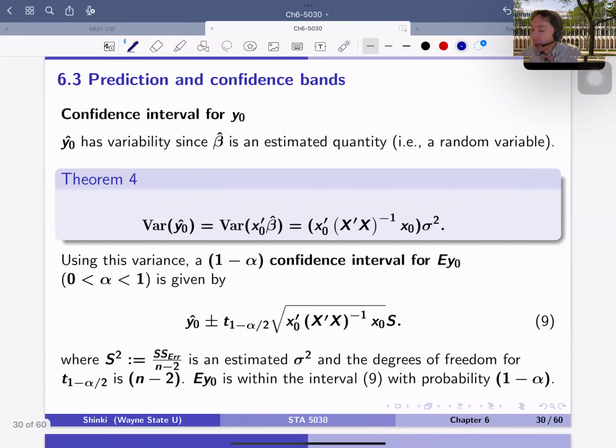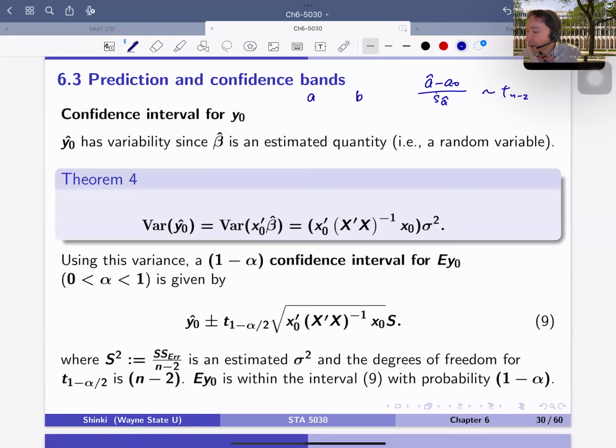Okay, so we have A and B, and we can construct the confidence interval for A and the confidence interval for B, because we know that A minus A naught over the standard error follows a T distribution with degrees of freedom n minus 2.